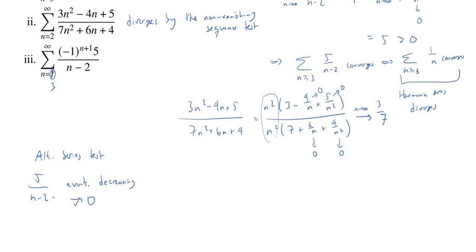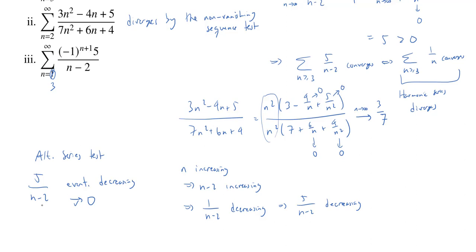Well, as n is increasing, n minus 2 is increasing. But that implies that 1 over n minus 2 is decreasing because you're looking at the reciprocal. The bigger you make n, the smaller the fraction gets. And of course, that implies that 5 over n minus 2 is decreasing.